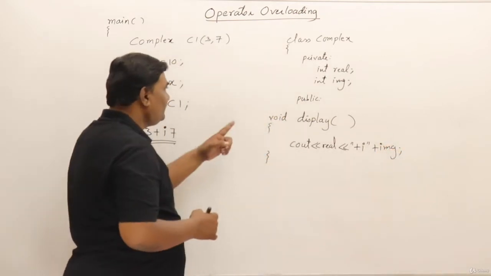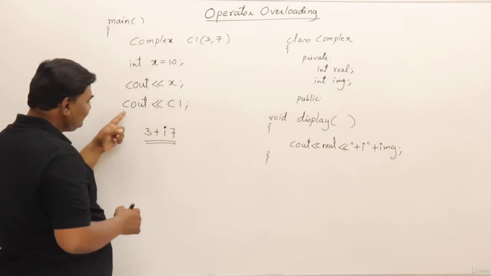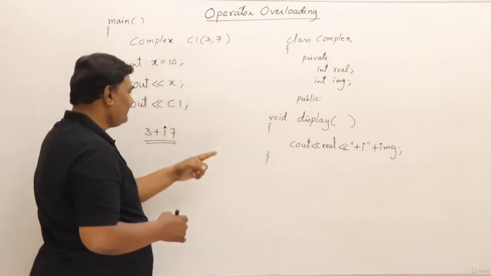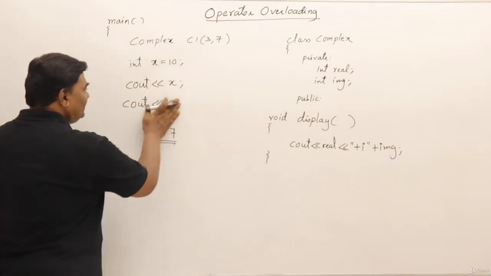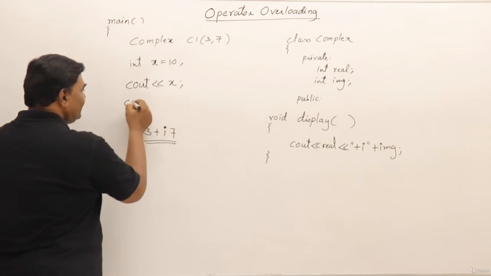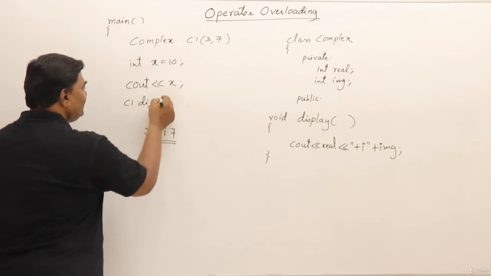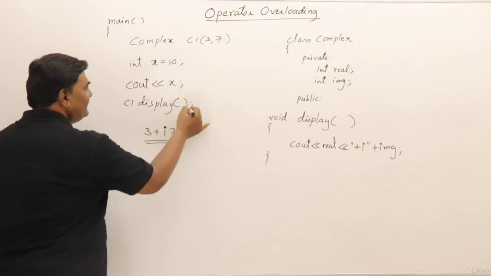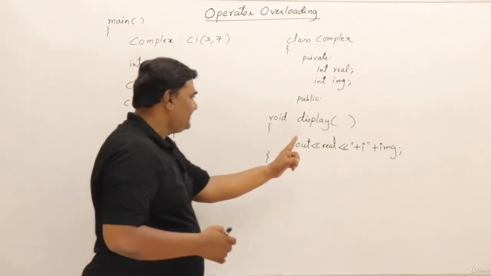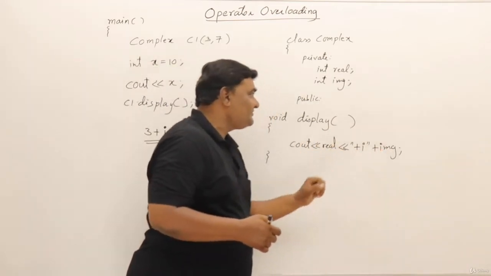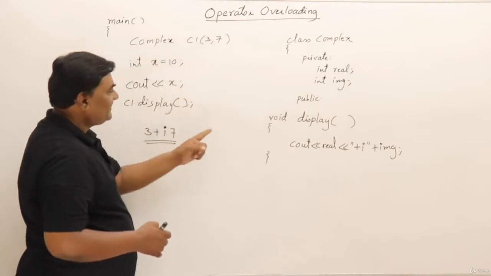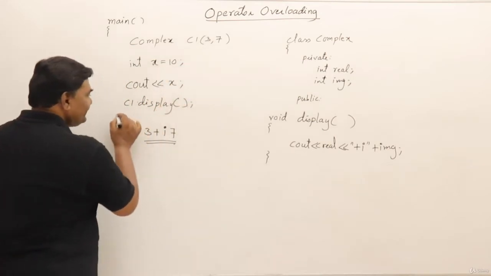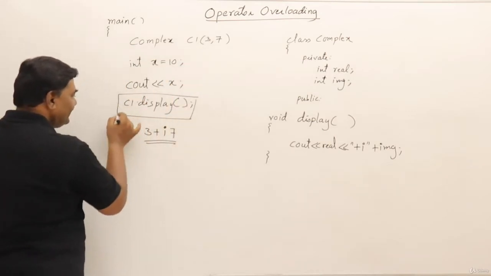So if I want to display c1, that is an object of complex number, then I should call c1.display. When I call this, it will display the real plus i and imaginary part. So real is 3 and plus i imaginary is 7. This function will give the output like this.